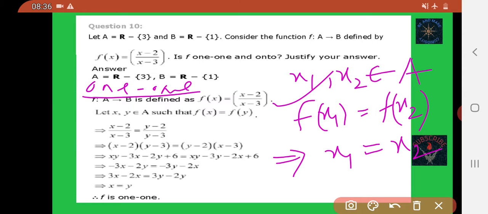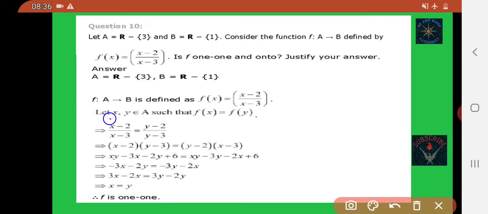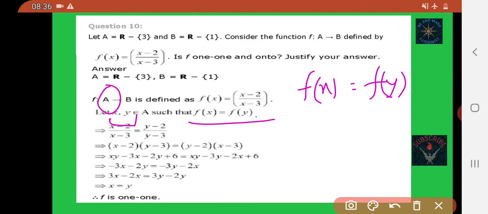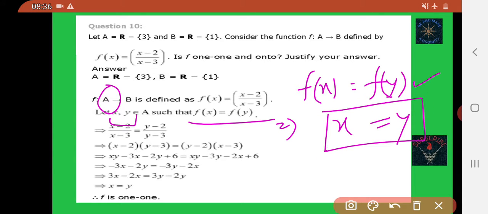We know the procedure. Okay, now we take any two elements here, x and y, in set A, such that f of x is equal to f of y, and we simplify it. If we get x is equal to y, then this function is a one-one function.